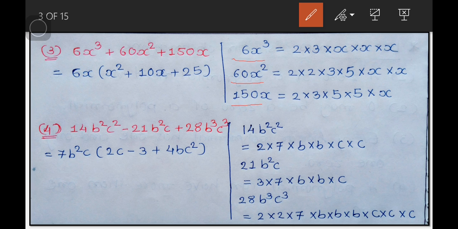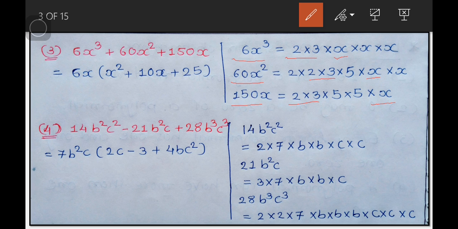So now we will find the common factor from each term. Here you can see that 2 and 3 are common in each term, and also x from each factorization is common.